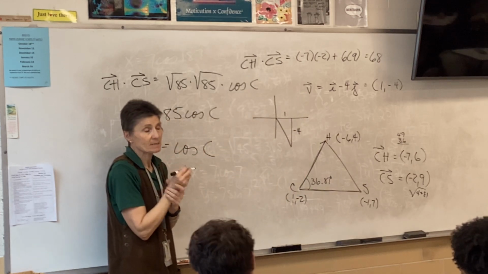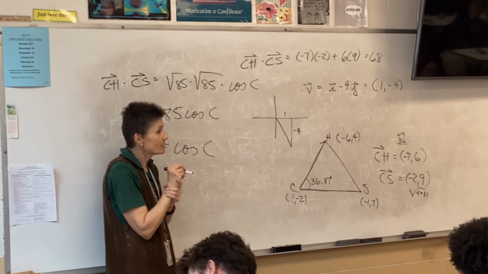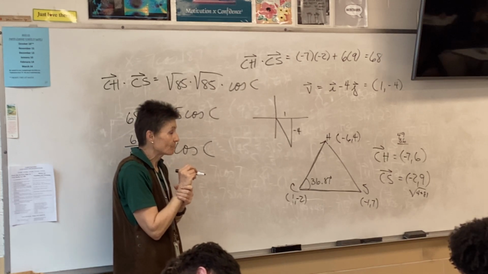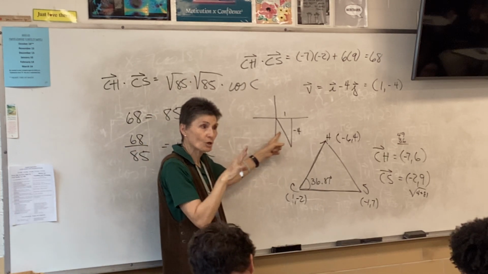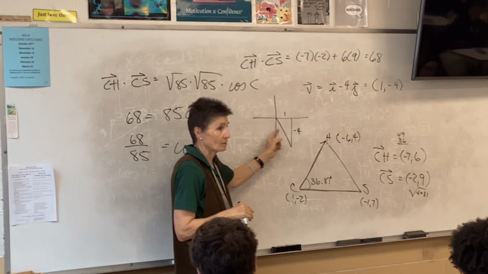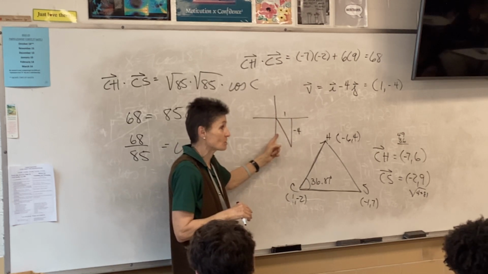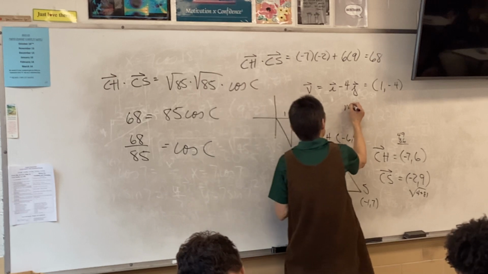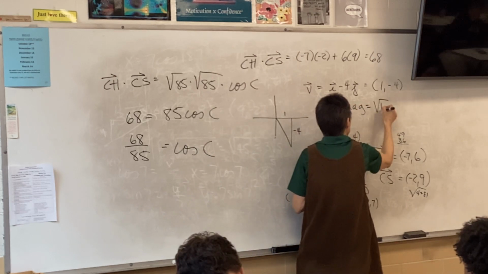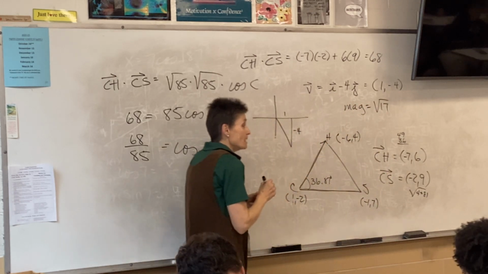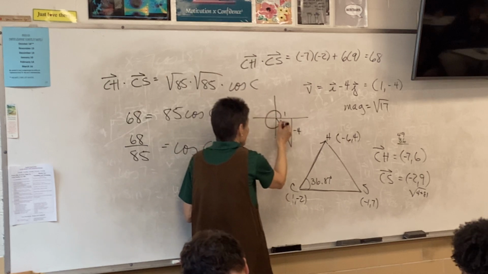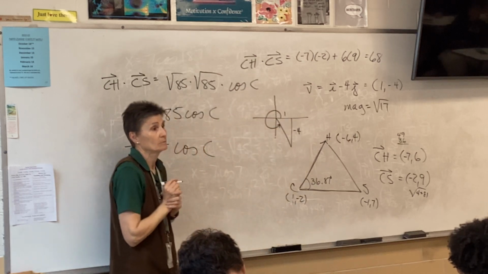My job is to find its magnitude and its direction. Well, magnitude is a no-brainer. Over 1 down 4, that's gonna be square root of 17. Now, this will be the direction angle.